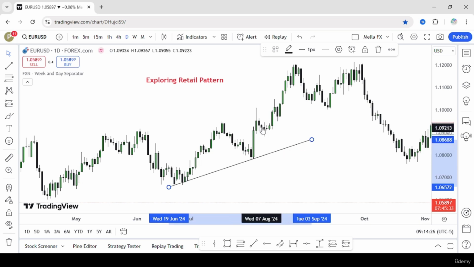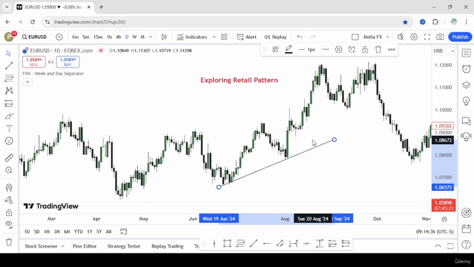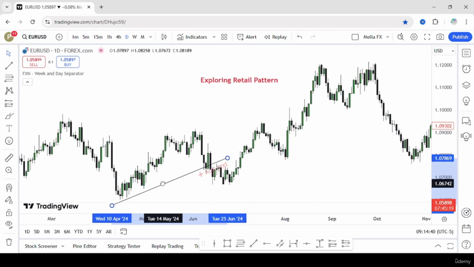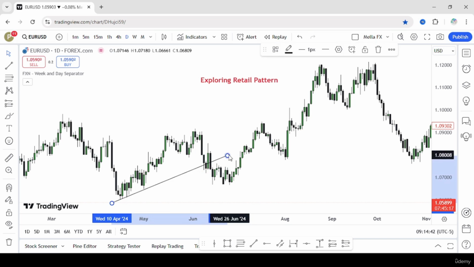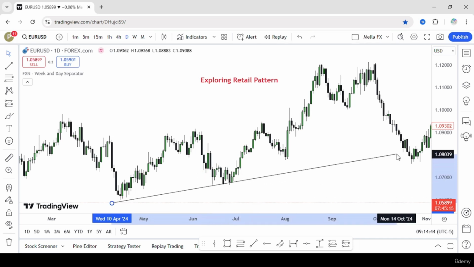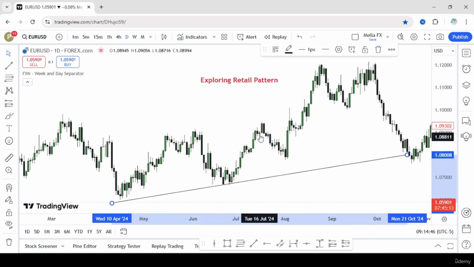So you're left wondering why it has not hit your trend line, and you want it to hit. Or you also question yourself, where should I anchor my trend line? You can see that this one started from here and continued in this way, so it did not hit this low.